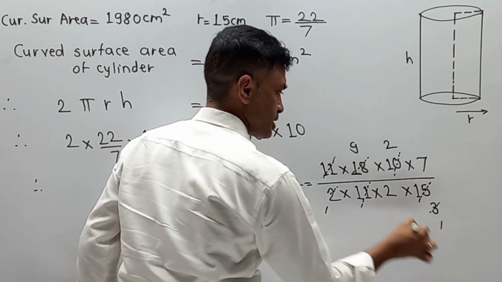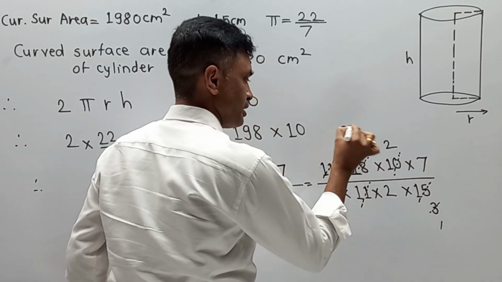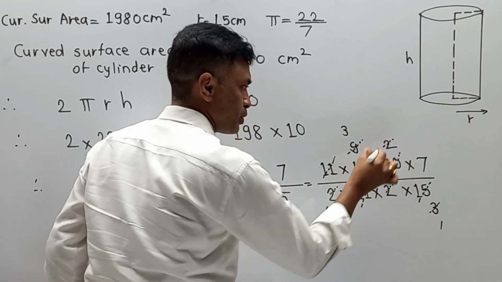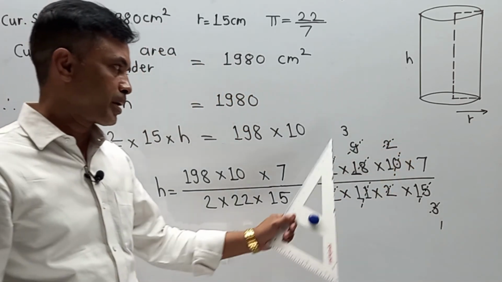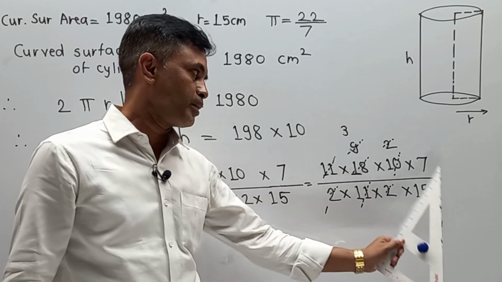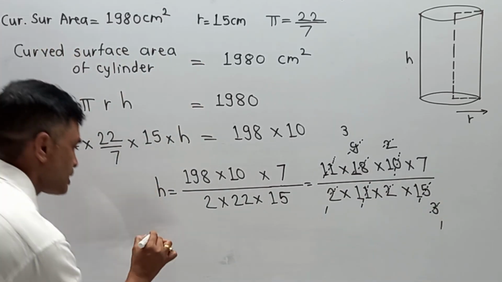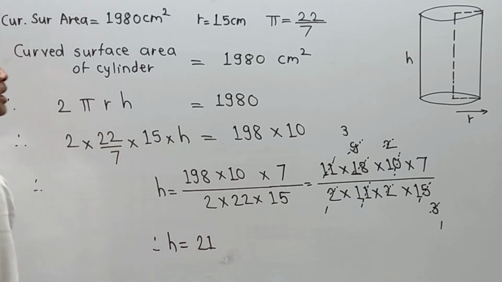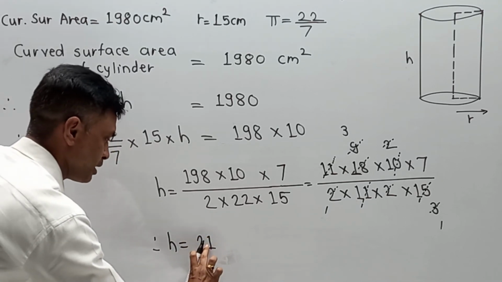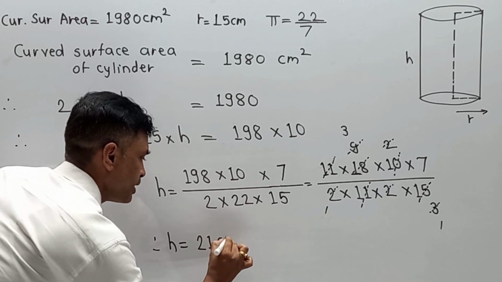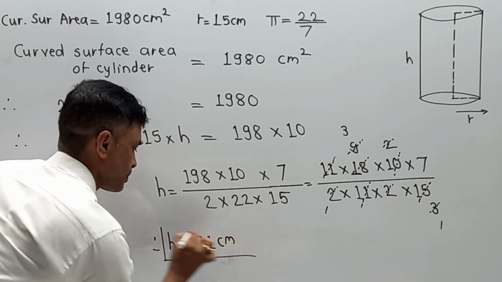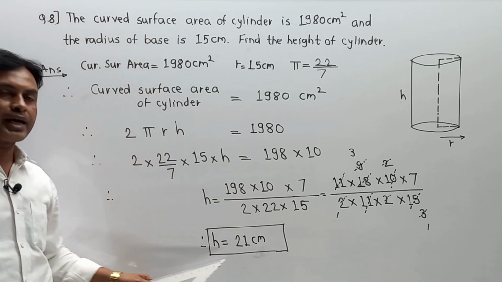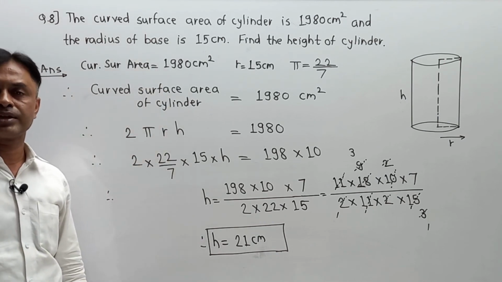Next 3 1s are 3, 3 3s are 9, and again this 2 from the bottom gets cancelled with 2, and simply you will get 3 into 7. 3 into 7 means naturally the height of this cylinder is 21, and as all units are in centimeter, I am writing 21 centimeter. In this way you can calculate the height of the cylinder, that is nothing but 21 centimeter.